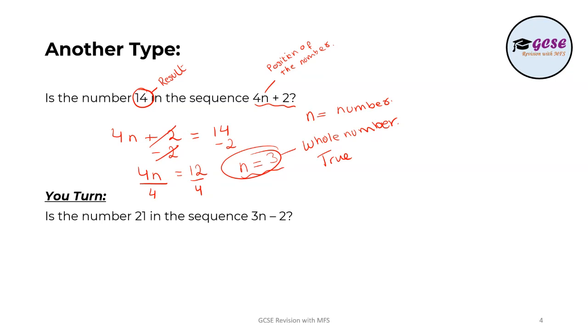Okay, so is the number 21 in the sequence 3n minus 2? Okay, 30 seconds. What do you guys think?